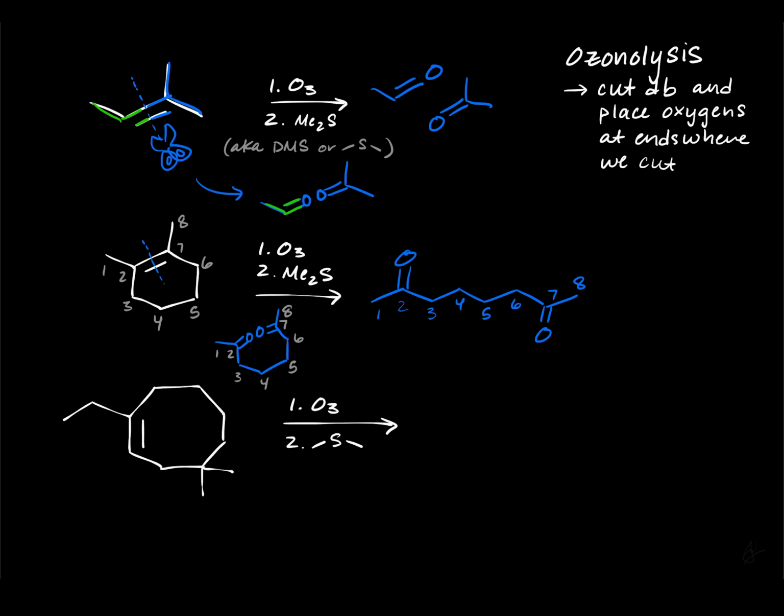Finally, let us cut that double bond. When we cut that double bond, in this case, what do we end up with? Well, we end up with a structure that looks like this. Oxygen, oxygen, and those 2 carbons off of there.